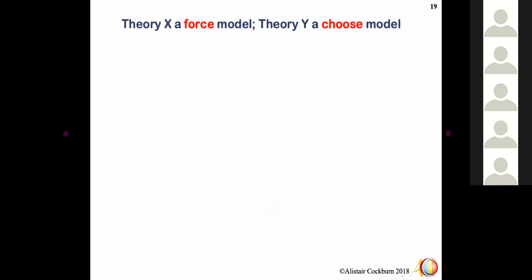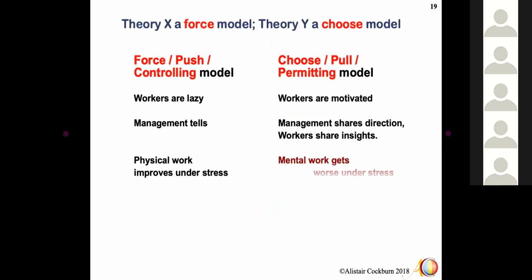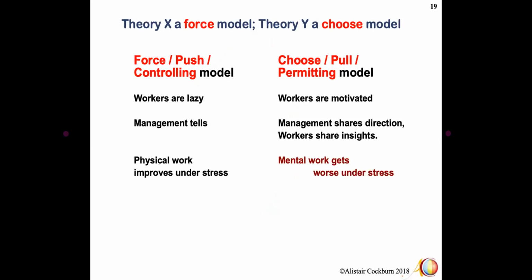And I want to jump to this one, where from the 1970s, they have these words, theory X and theory Y. Theory X is kind of a forcing model, where the view was that workers are lazy, so management has to tell them what to do and force them and push them and so on. And that was predominant in physical work, shoveling coal or cutting steel or moving wood or something like that.